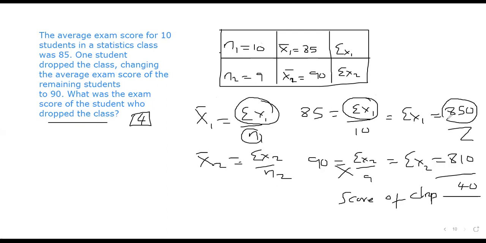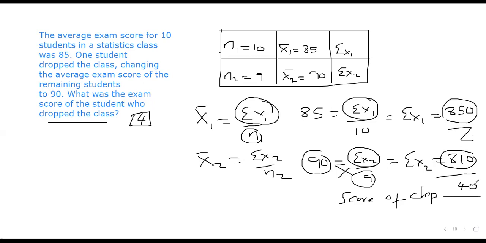Now we're told that out of this 850, one of them dropped. We don't know his score, but after he dropped, the mean changed to 90. So the mean for the 9 students that remained was 90, and the total score, when you multiply, is 810. To find the score of the person who dropped out, we take the total score for the 10 students and the total score for the 9 students.